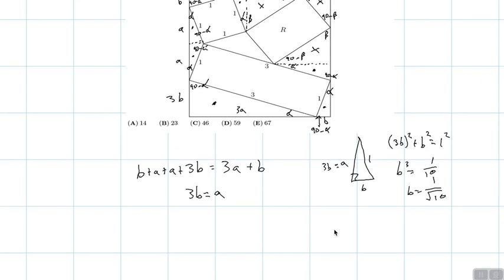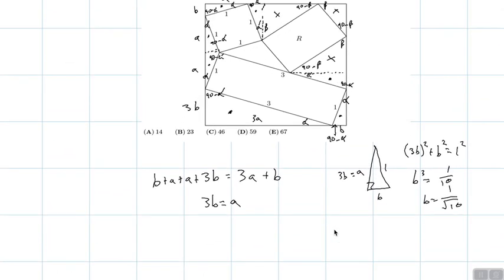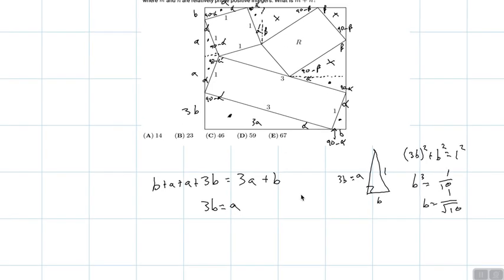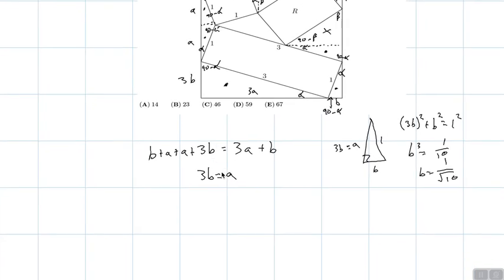Okay, so to make things easier to deal with, we can scale everything up by root 10, and then as long as we scale it back by root 10 at the end, we'll get to our answer.